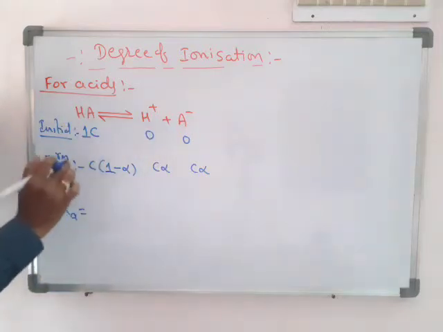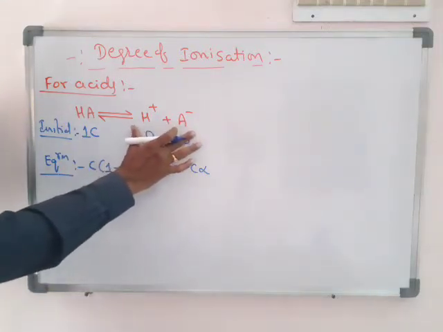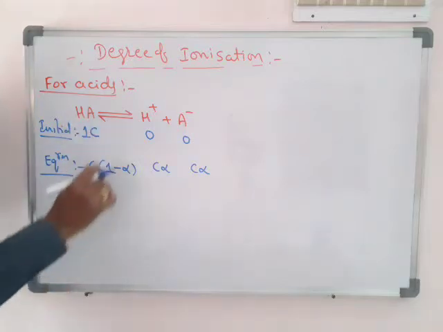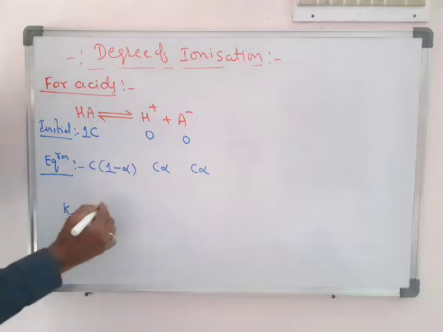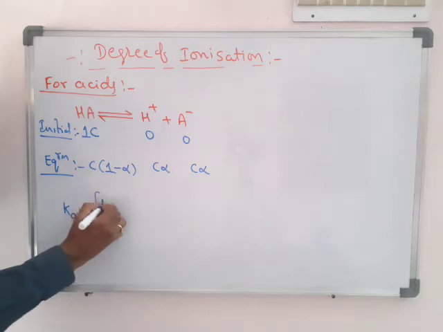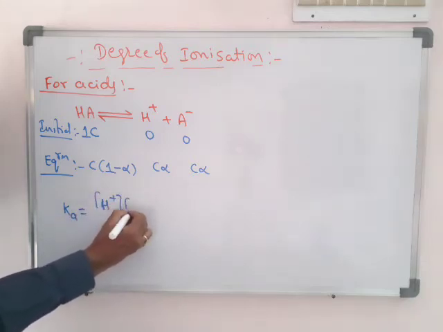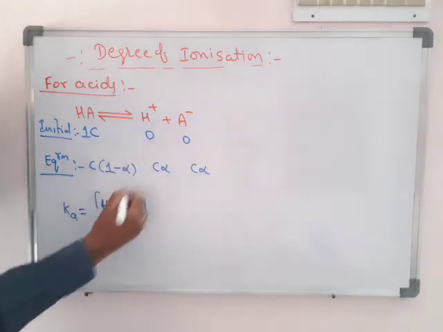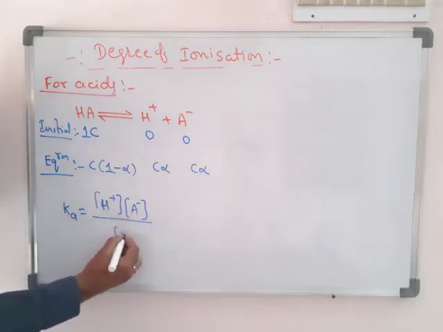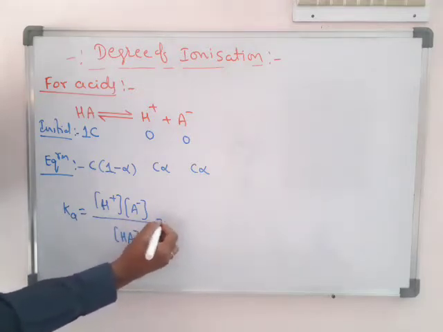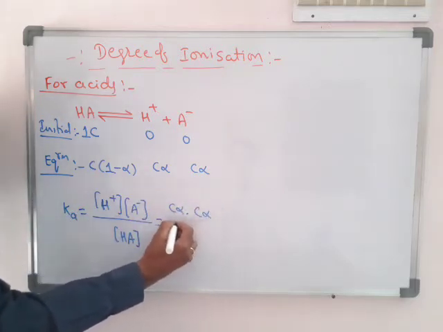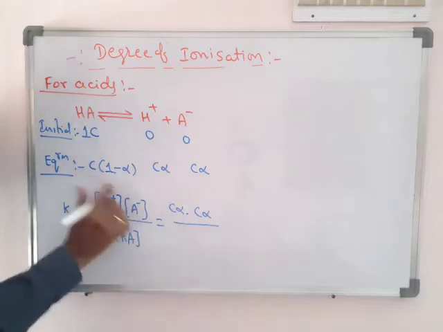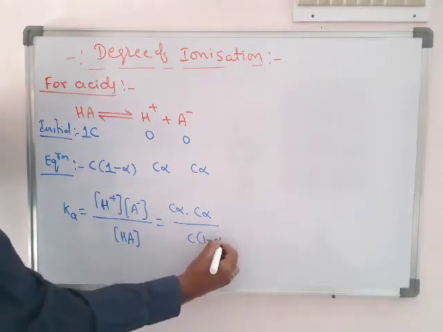What is the equilibrium constant? Product concentration by reactant concentration. Since it is for acids, we take it as the acid dissociation constant. So K is equal to H plus concentration times A minus concentration, the product concentrations, by the reactant concentration HA. That is C alpha times C alpha by C into 1 minus alpha.